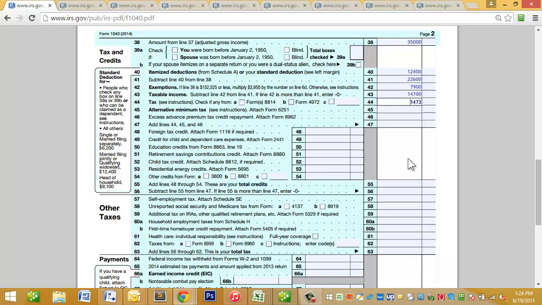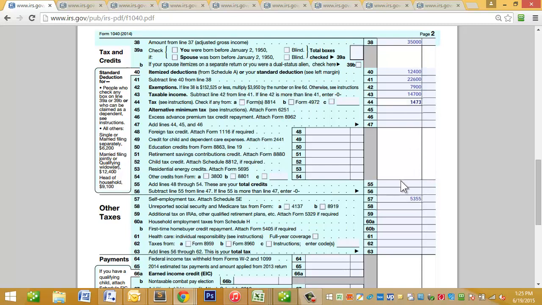Now remember what I said, if you're self-employed, you also have self-employment tax, which is 15.3% of your net profit. So in addition to that, you would have 15.3%, which would be $5,355 of self-employment tax. It's essentially 15% of this $35,000.